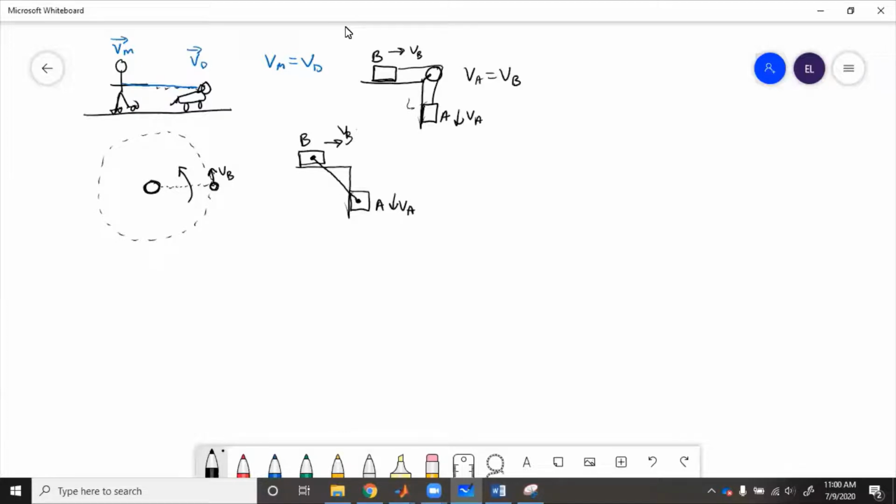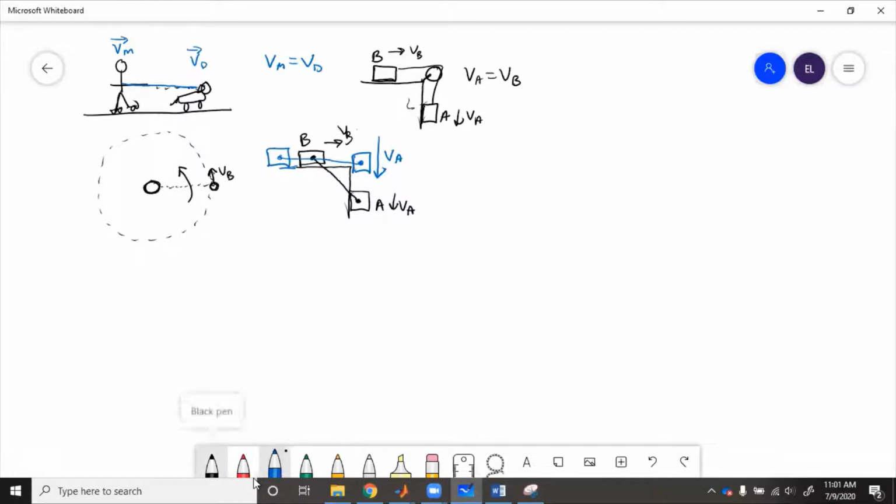They're not necessarily moving at the same speed, because when B is way back here and A is just starting, if A is passing down this point, A is moving, B is still. And then as A moves further and further down, B gets going faster and faster. So this is another case of coupled motion where the speeds are not the same even though the rope is the same. So we'll learn how to calculate all about these kinds of things.